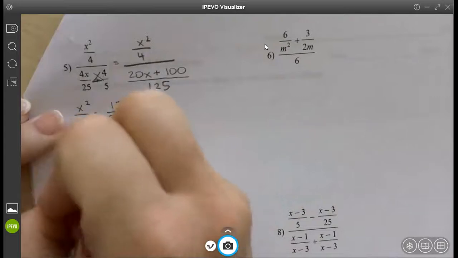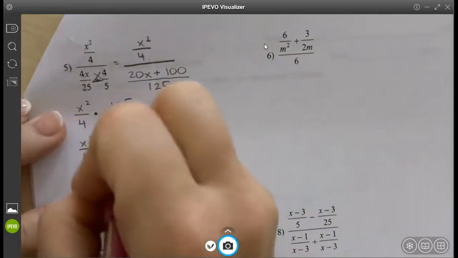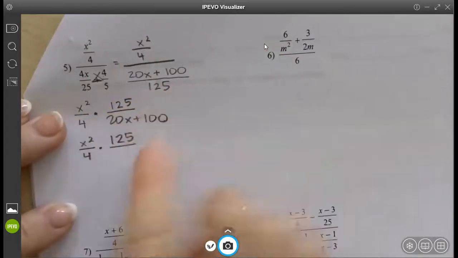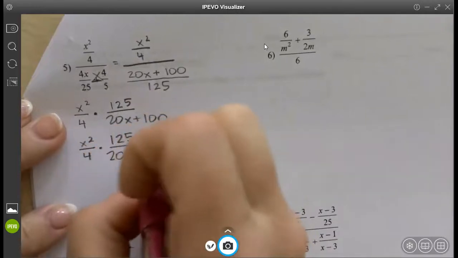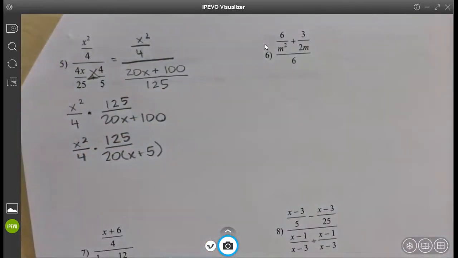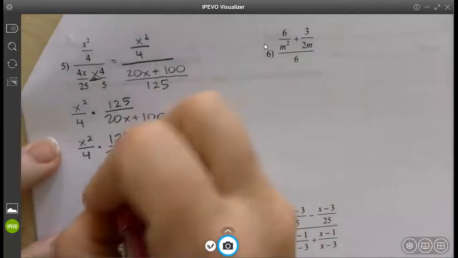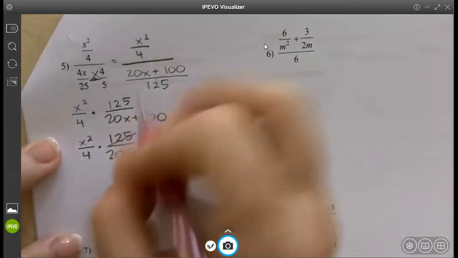We have x squared over 4. The 125 won't do anything. But out of this one, we can take a 20. If you see anything else that will reduce, please reduce it, such as the 125 and 20. They'll reduce by 5.